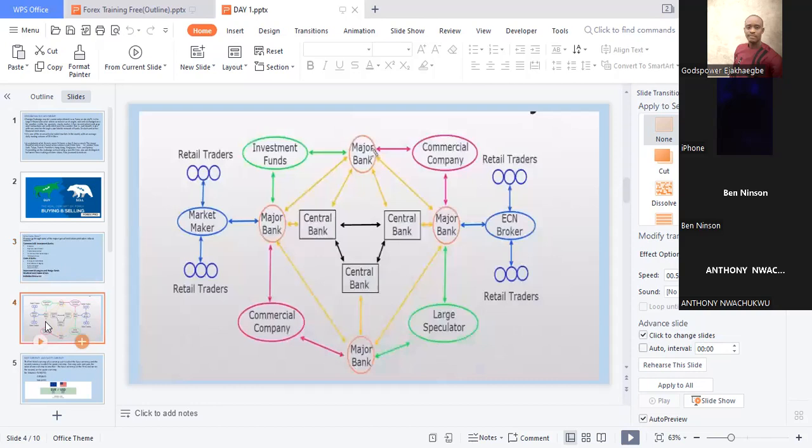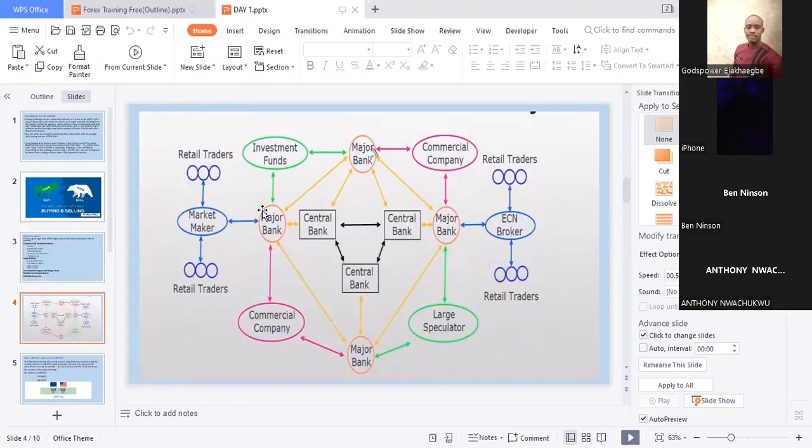I prepared a flowchart showing how these players work together. At the center of my flowchart, the major body that trades forex is the central bank. They are the strongest in the forex market, because whenever there's a big dive in the market, it is made by the central bank.